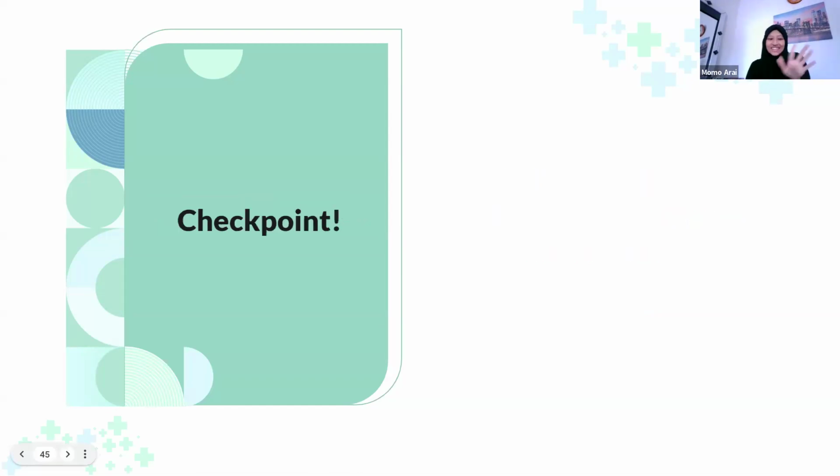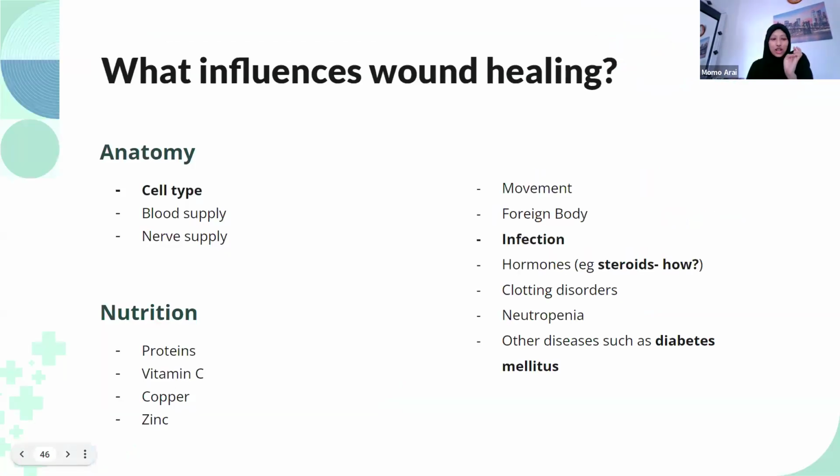Okay, last concept is factors that affect wound healing, what makes the wound go bad. The important thing is you need the cells, blood supply, nerve supply, and fibroblast supply to help in wound healing. You need good nutrition along with blood supply.